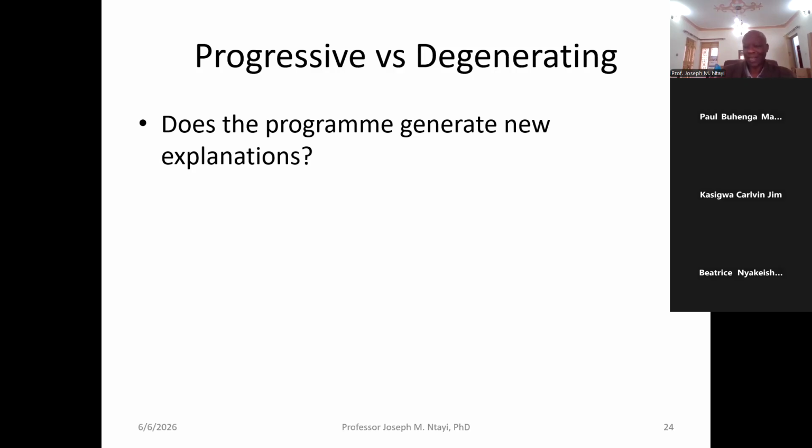Yes, there are those auxiliary issues that you have observed that require corrections or probably modifications. According to Lakatos, these auxiliaries can be auxiliary hypotheses, auxiliary assumptions, auxiliary methods, etc. So they may require modifications at one stage or the other.